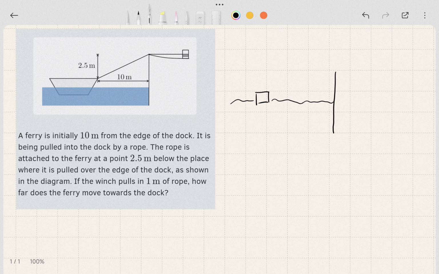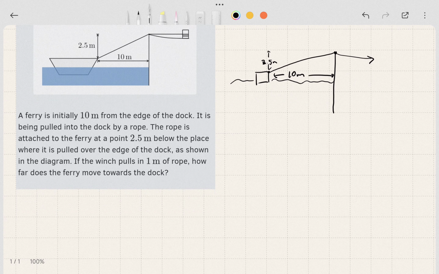The rope is connected from the point here to the edge of the dock, and essentially the rope is pulled inwards. We know that the height is 2.5 meters and that the distance is 10 meters from the boat to the dock. We're asked how far the ferry moves towards the dock. So we know that the winch pulls in 1 meter of the rope.